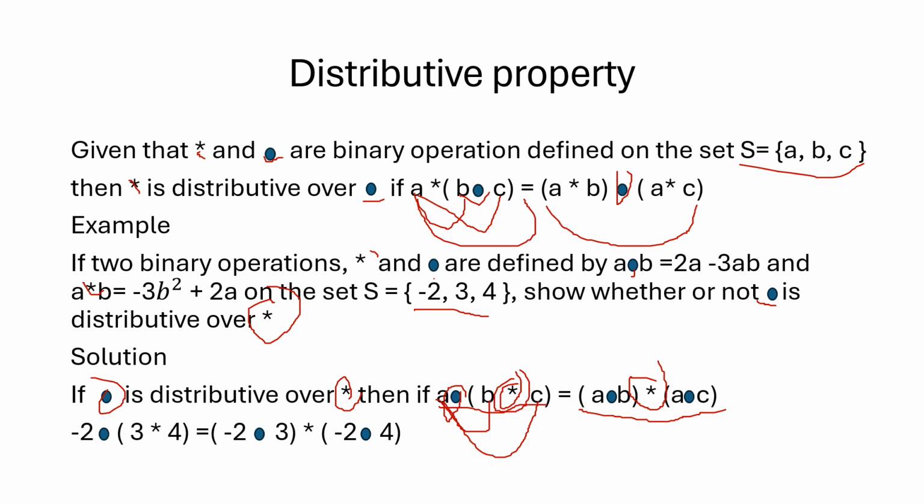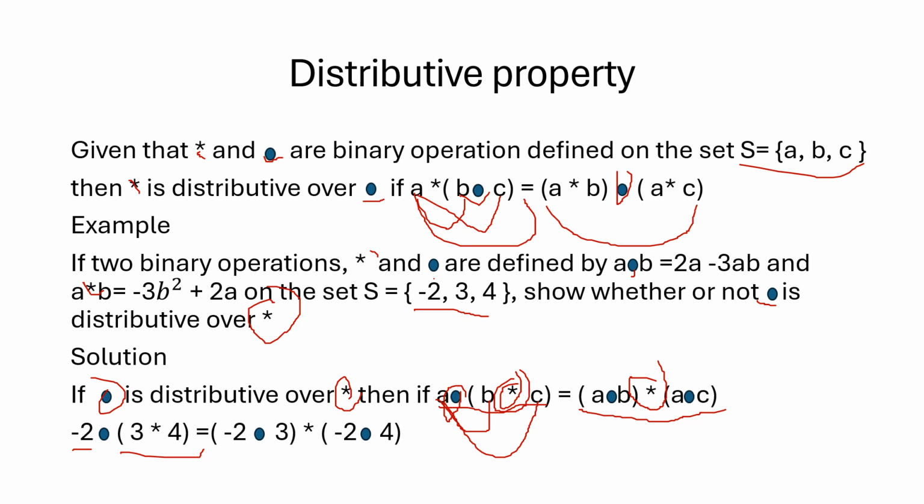So we are going to substitute negative 2 for A, so we have negative 2 replacing A, and then into the bracket we have 3 operated on by star on 4, right? Because our B is 3 and our C is 4.